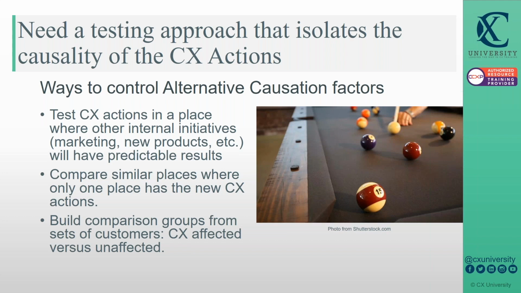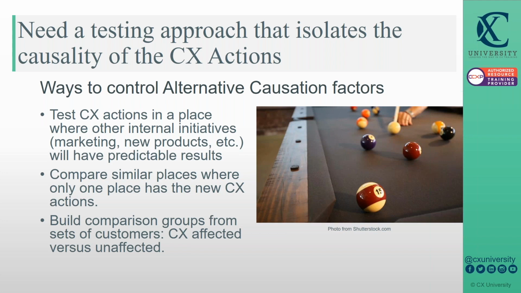The first is to pick a place and test your CX actions, but you've picked a place where the internal initiatives like marketing and new products will have predictable results. And therefore, when CX is added to the mix, the change in the results is the benefit. Another way is to compare similar places, and one place has the CX actions and the other place doesn't.